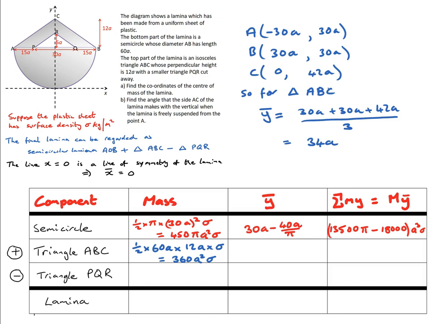is going to be the y-coordinates of the three corners added up and then divided by 3. So we've got y bar is (30a + 30a + 42a) all divided by 3, which gives me 34a.